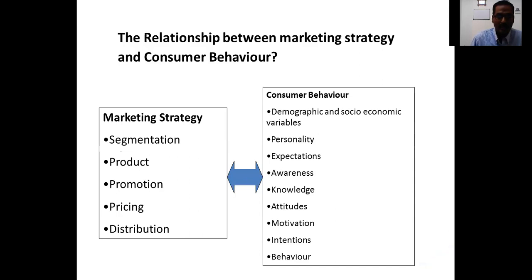In marketing strategy, we will be studying segmentation. So what are the bases on which we do the segmentation? It is going to be young people or old people, adults, or male, female. It is going to be based on the area, meaning the region, or it's going to be a country.